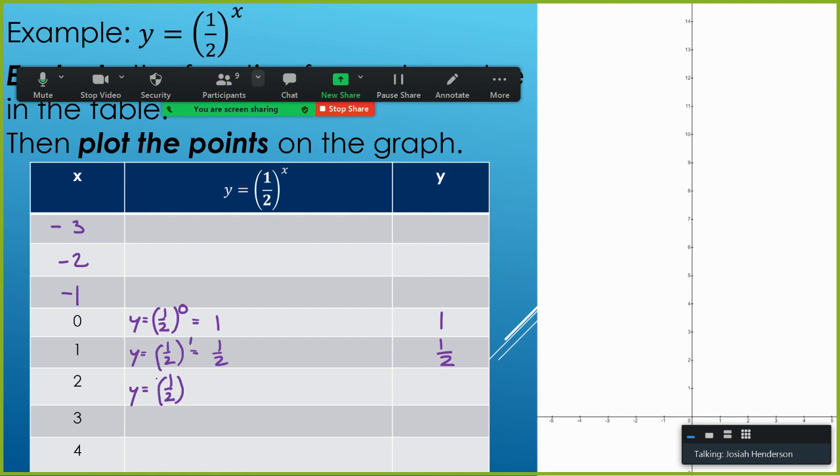Now plug in 2 for x. So the second power. So 1/2 to the second power. Using our knowledge about exponents, this means 1/2 times itself 2 times. So we have 1/4.